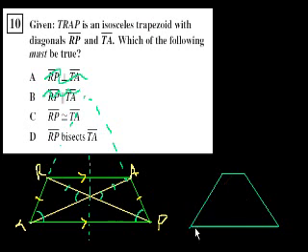Whoops. The diagonals would look like this. So here it's pretty clear that they're not bisecting each other, right? In order for them to bisect each other, this length would have to be equal to that length. And that's clear just by looking at it that that's not the case, right? That is not equal to that. So they're definitely not bisecting each other.